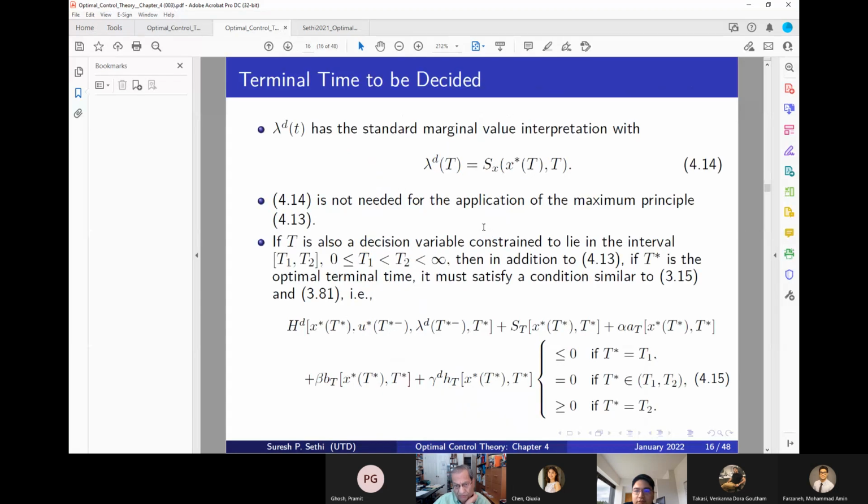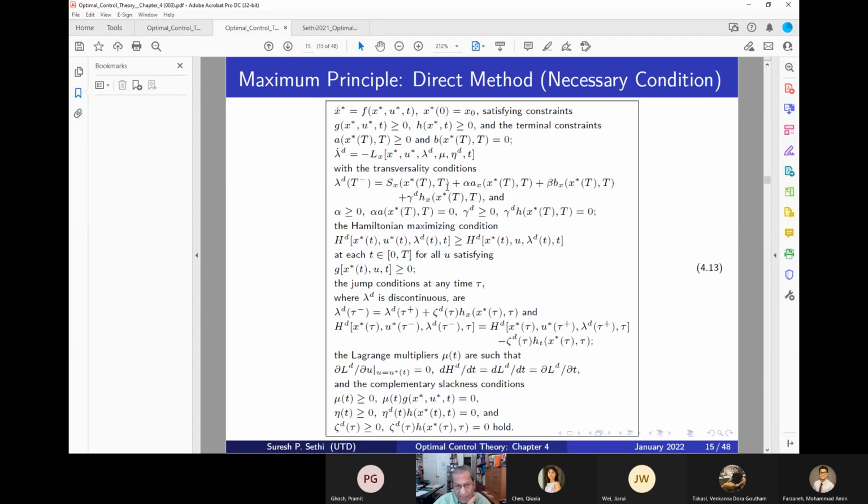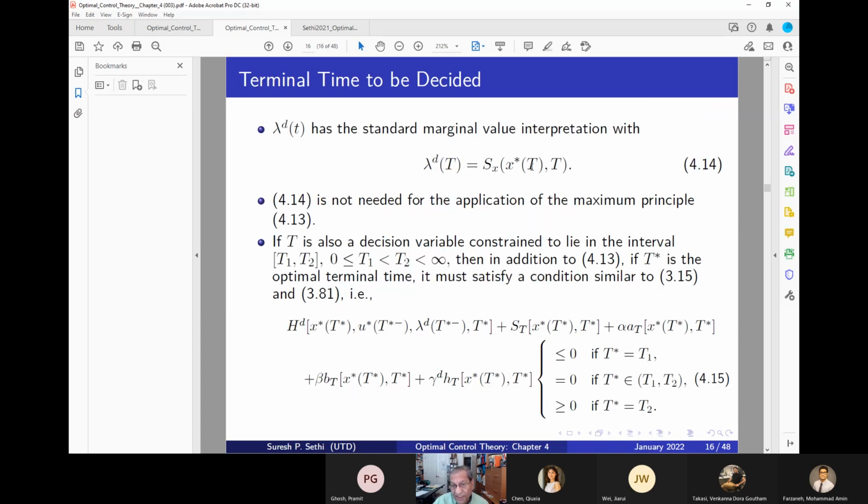Okay. So notice now these constraints are at t minus because the problem is connected from 0 all the way to t minus. The reason is at t itself there can be a jump because the constraint may be active at t itself. And we all know that that one is by definition this.